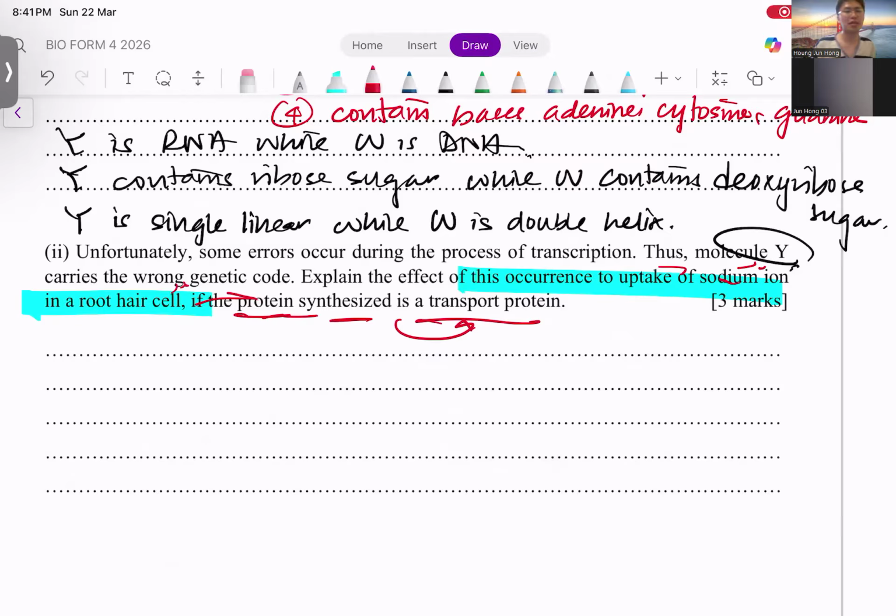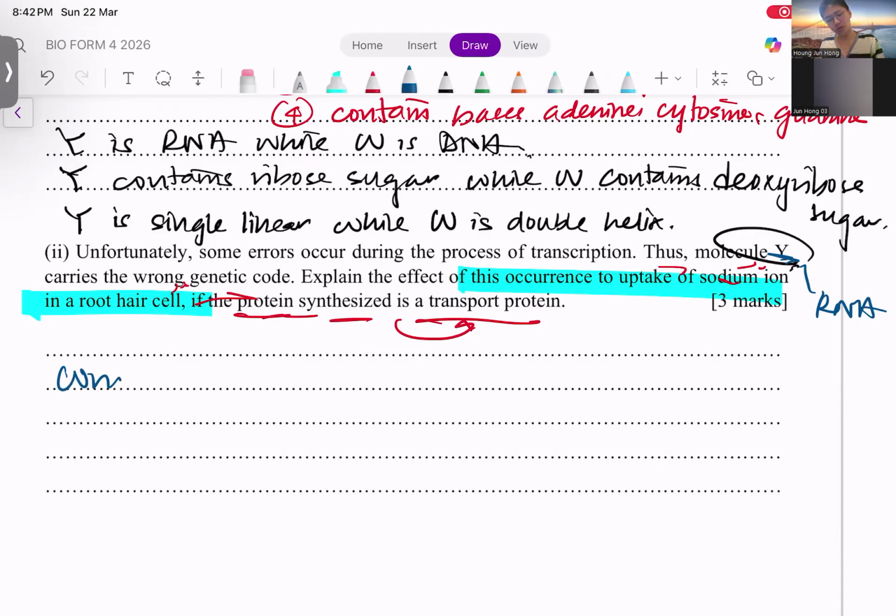So this is a typical question that gives you a wrong scenario. Everything you learn is the same, but you twist it to become wrong, to become fail. For example, supposedly when you already have RNA, you are supposed to translate it into protein. Now you fail to do that.